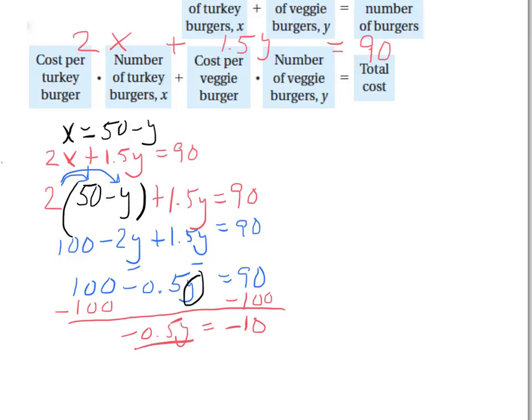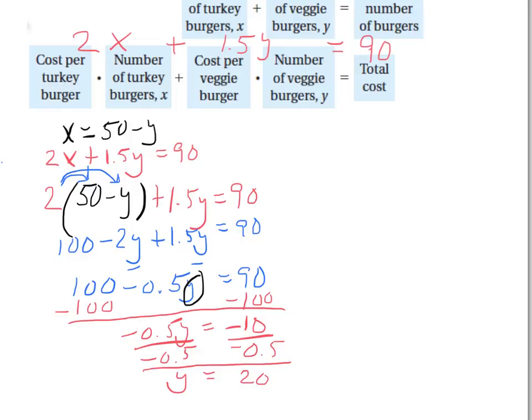Now when I divide by negative 0.5 to get y by itself, we're going to get a nice positive number on the right-hand side. y equals negative 10 divided by negative 1/2. Remember, that means to multiply by 2. We get 20.